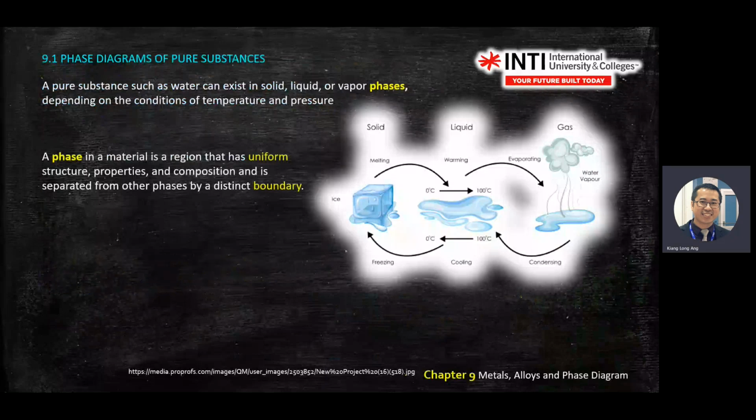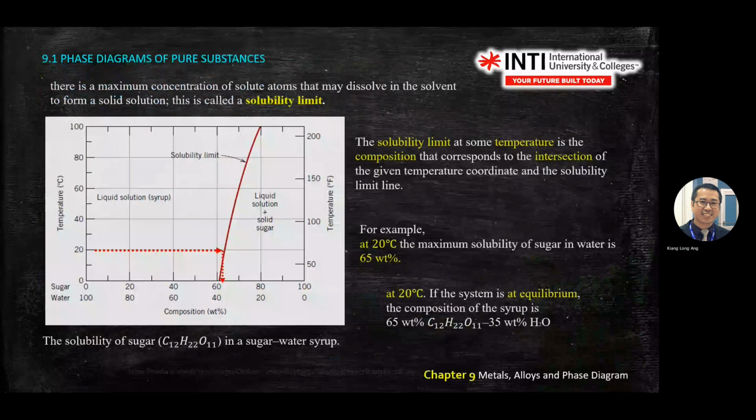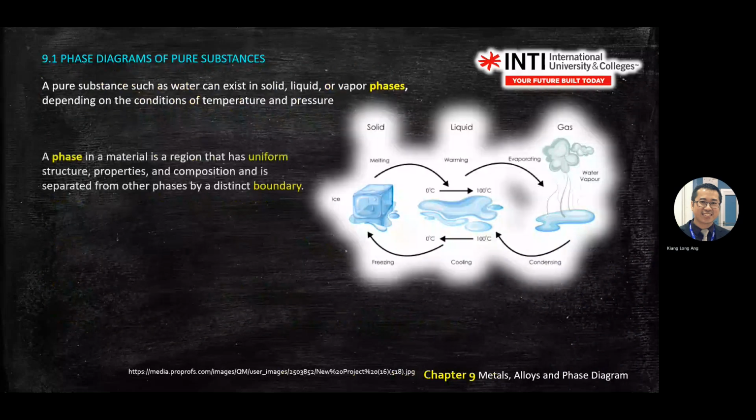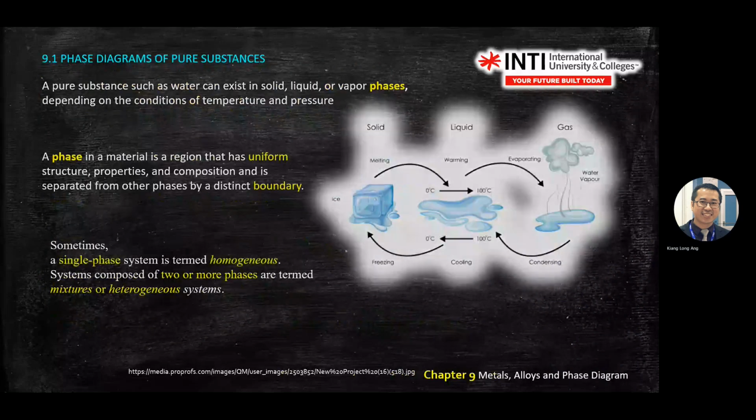If you look at the sugar graph just now, on the left-hand side, this region is called the single phase region, because you only have liquid. But on the right-hand side, you have liquid and solid. This side is the heterogeneous region, meaning two or more phases in that region.